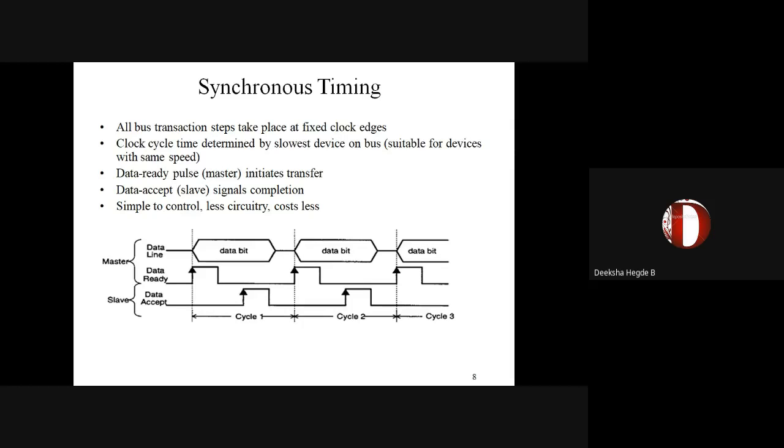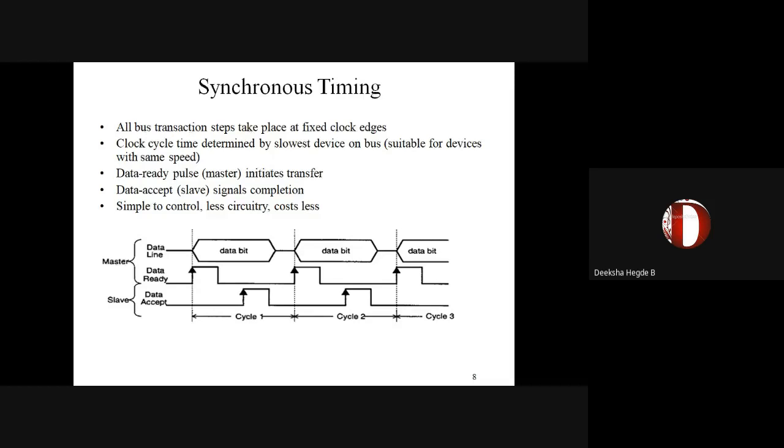Basically, the synchronous bus is a simple structure that is easy to control and requires less control circuitry. Thus, it costs less. The synchronous bus is suitable for connecting devices having relatively the same speed.